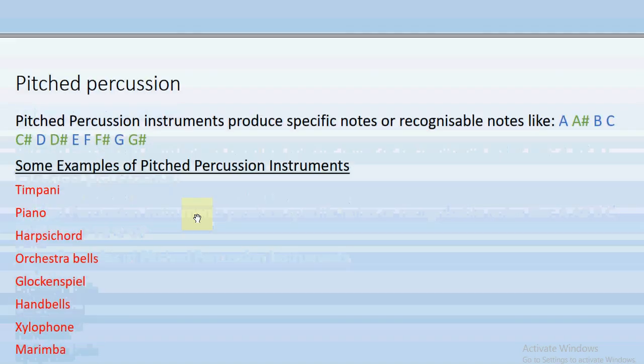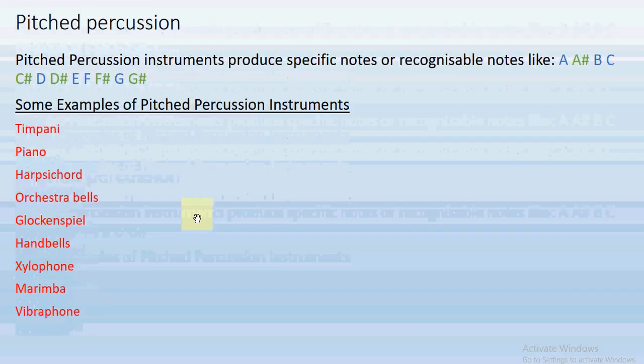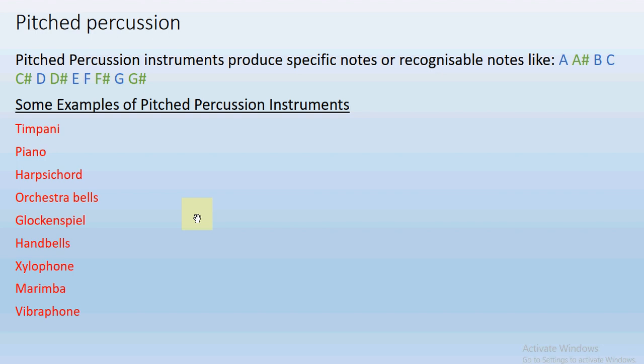Okay, so these are a list of pitched percussion instruments. Don't forget, percussion instruments, you need to strike them with something for them to produce a musical sound. Now, let's look at the list itself.